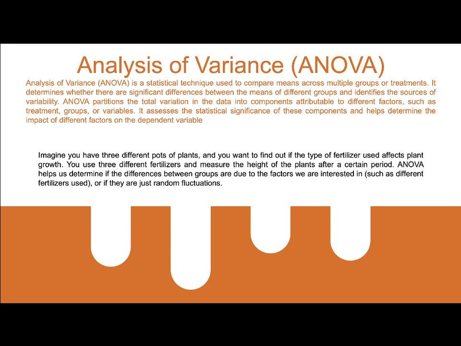So you can see how many pots having similar fertilizer show similar growth performance, or whether fertilizer is actually not affecting plant growth. So this is how we do the analysis of variance between all the pots of plants.